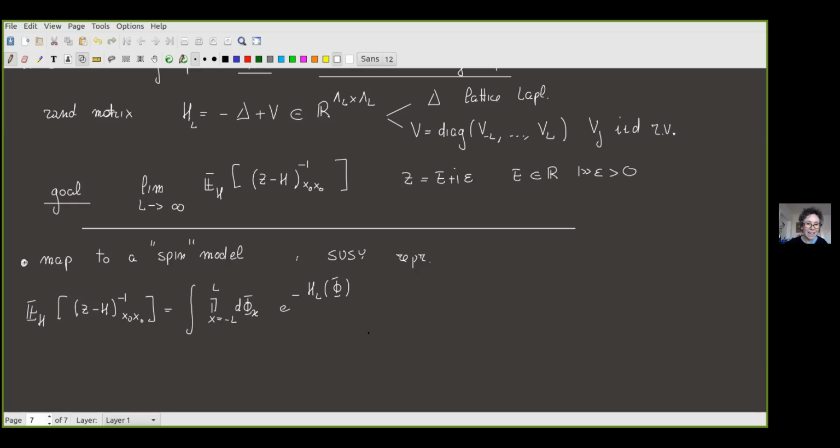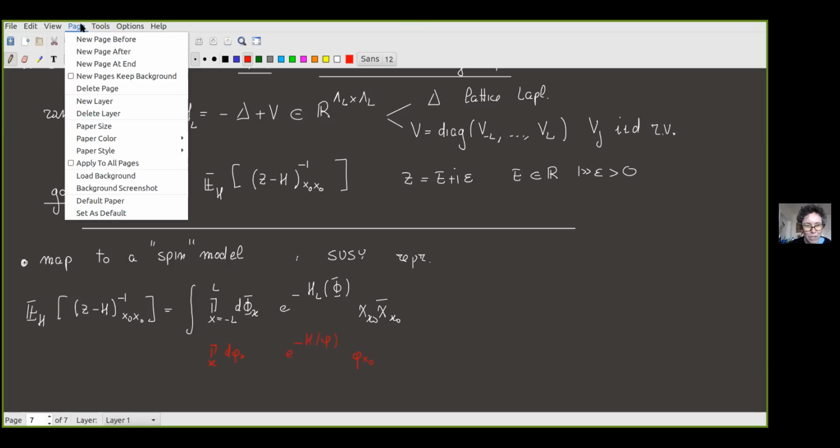So we have something like a weight, and at the end we have an observable, chi of x0, chi bar of x0. Before, we had a product over x, d phi x, and here we had H of phi, and here we had phi of x0. So it looks very similar. Now I have to define what I mean by this capital phi and what these strange variables chi are.